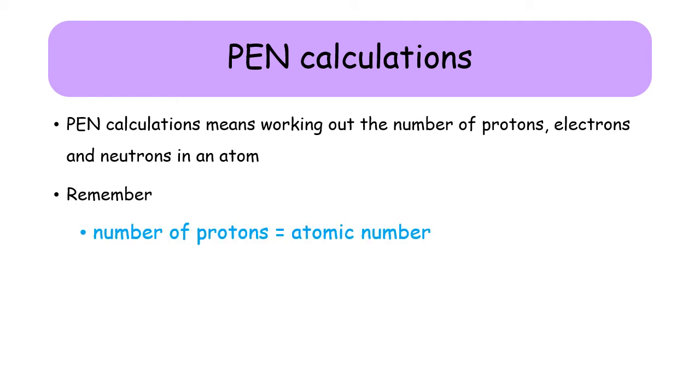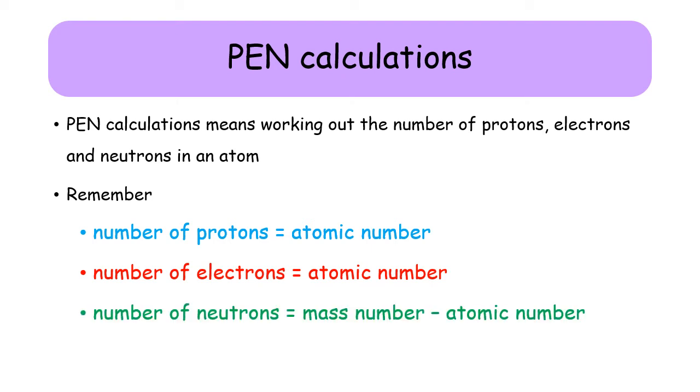So the three rules: the number of protons is the atomic number, the smaller number. The number of electrons is also the atomic number, because the number of protons and the number of electrons are the same. And the harder one to calculate is the number of neutrons, which is your mass number, your big number, take away, subtract your atomic number, your smaller number.